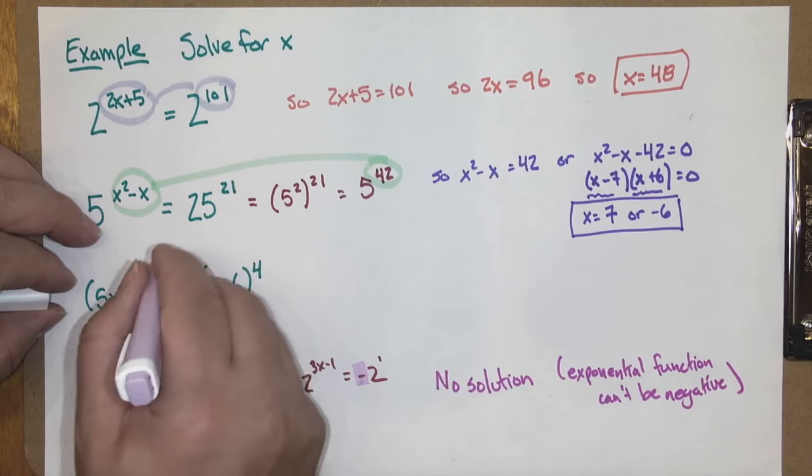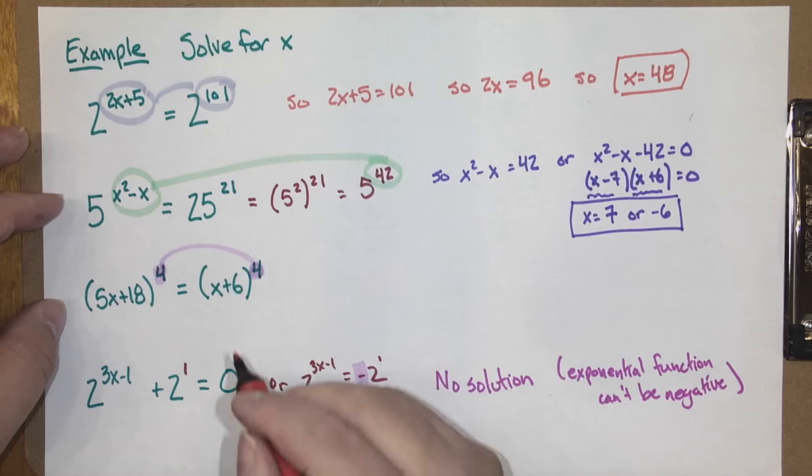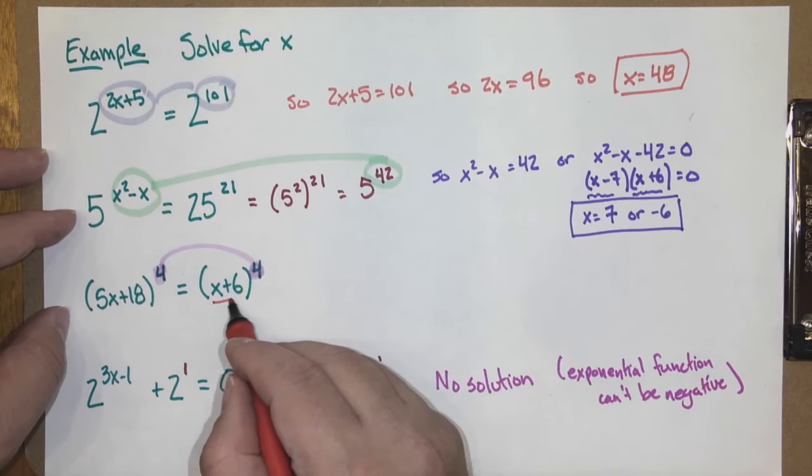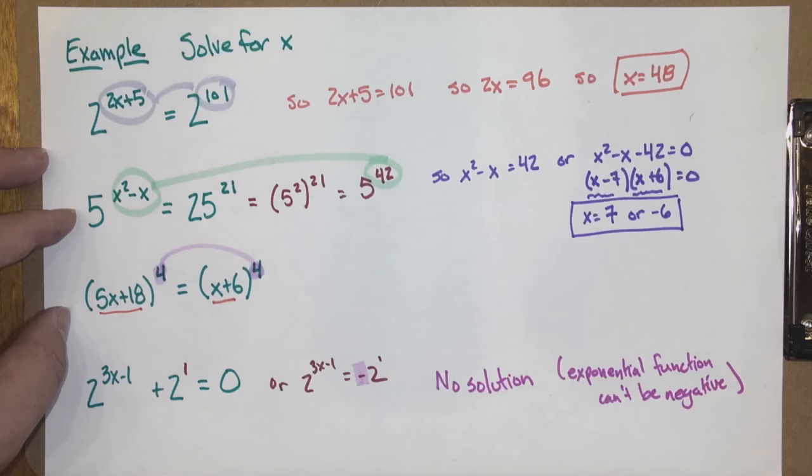Here the exponents are matching. So if the exponents are matching, what should we do? Well, if the tops match, then the bottoms should match, right?